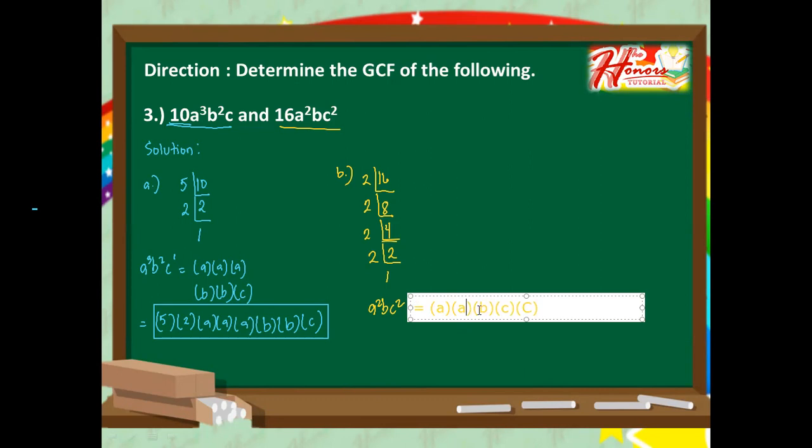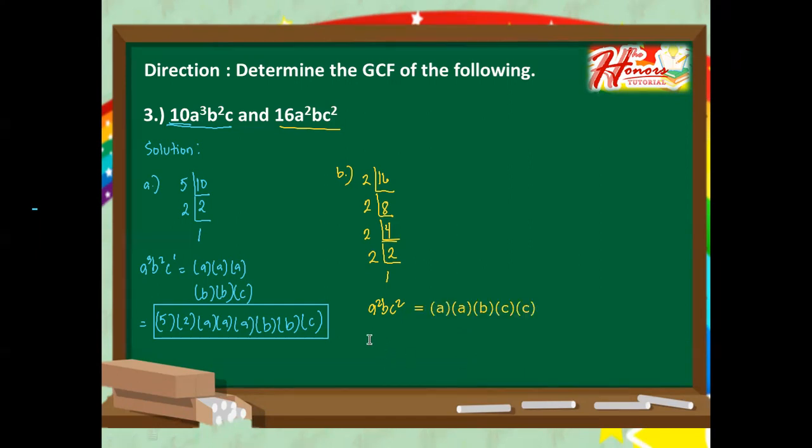So that's a times b times c. Okay, that's correct. So therefore, we can say that the factors of 16a squared b c squared is 2 times 2 times 2 times 2 times a times a times b times c times c.